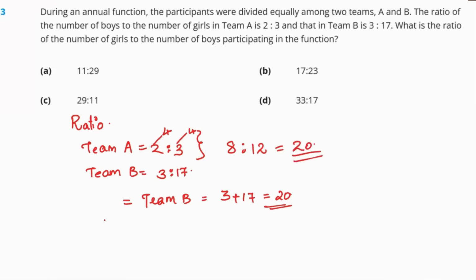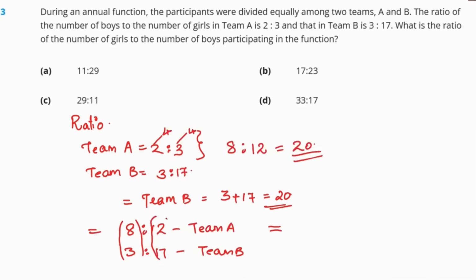Now we get the new ratios: 8 is to 12 for team A and 3 is to 17 for team B. What is the ratio of the number of girls to the number of boys? The number of boys is 8 plus 3, which is 11.